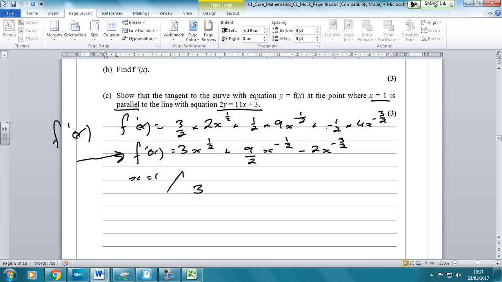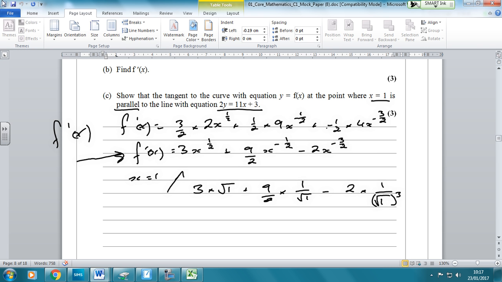So it's going to be 3, x to the power of 1/2 means the square root of 1, so 3 times the square root of 1, plus 9 over 2 times x to the power of minus 1/2, which means 1 over the square root of 1. Take away 2 times 1 over the square root of 1 cubed.